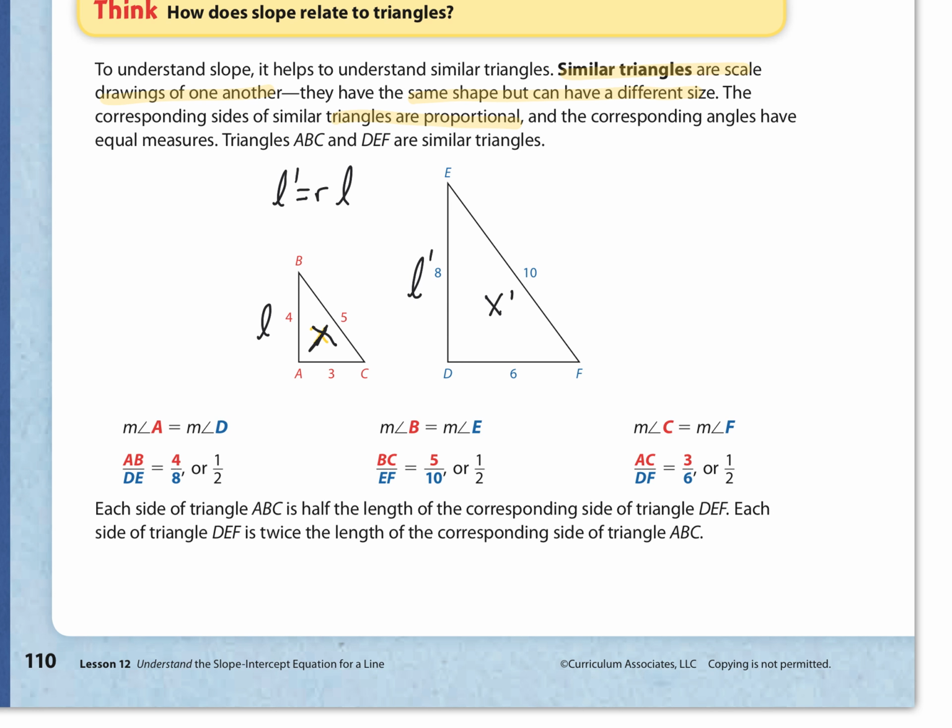And think about it. We have 4 times what rate gives me 8? 2. 3 times what gives me 6? 2. 5 times what gives me 10? 2. Is it the same rate? Yes. Is it proportional? Yes. Okay. That's the only thing we need for this part.